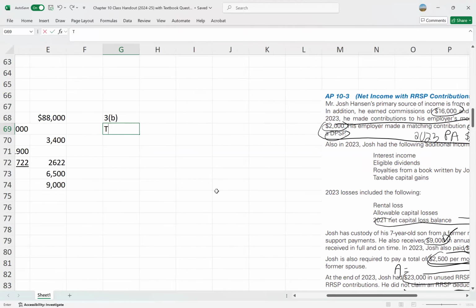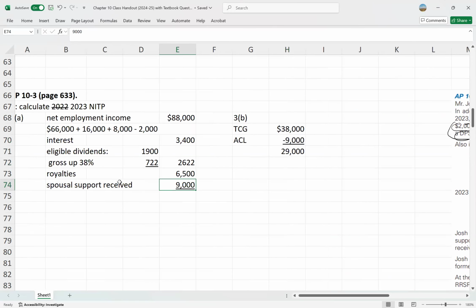But because they give us the taxable amounts and the allowable amounts, the 50% has already been applied. And so the 3B amount then will be 29,000. Let's just do a quick subtotal for 3A.